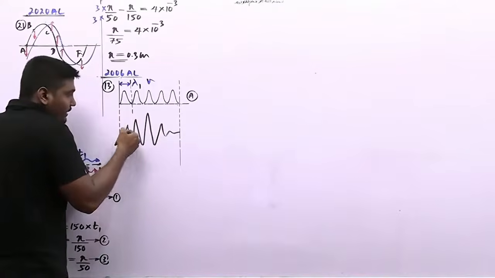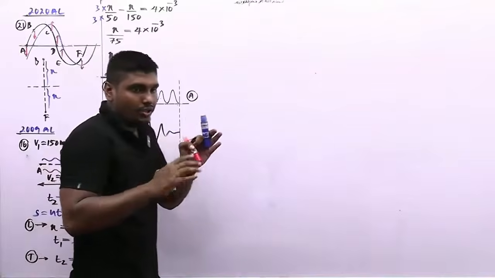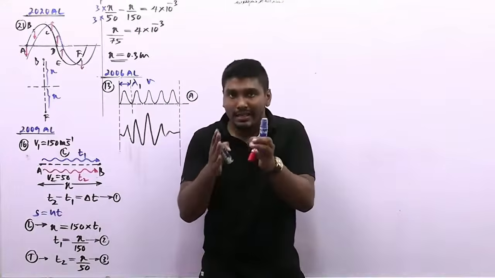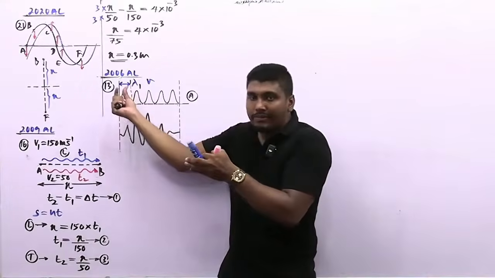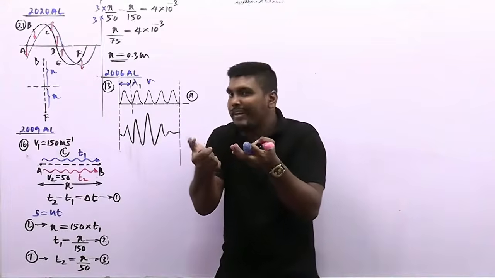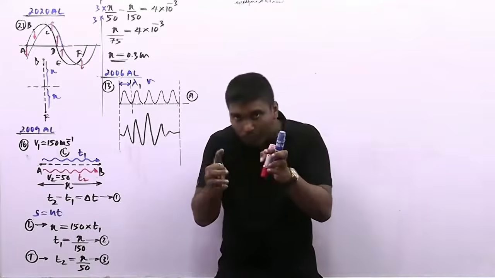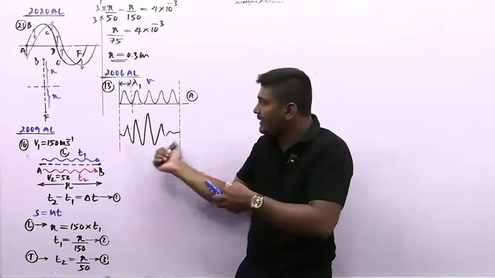The second diagram shows the combined resultant wave fluctuation. We are going to vibrate sound 1 and sound 2 together. Sound 1 has frequency 50 Hz and wavelength lambda 1. Sound 2 has frequency f, which we don't know, and we want to find it. When you vibrate sound 1 and sound 2 together, the resultant sound wave is given in the lower diagram.